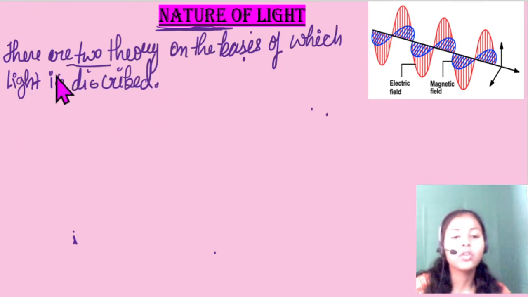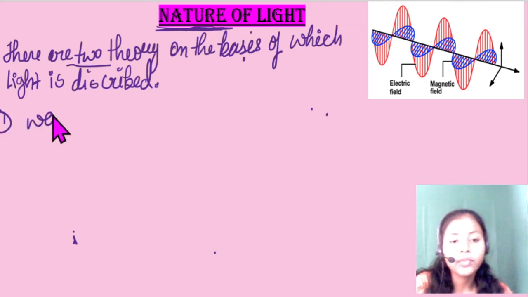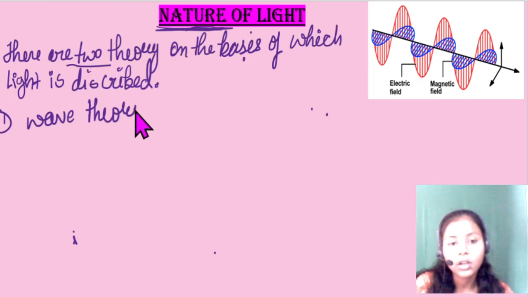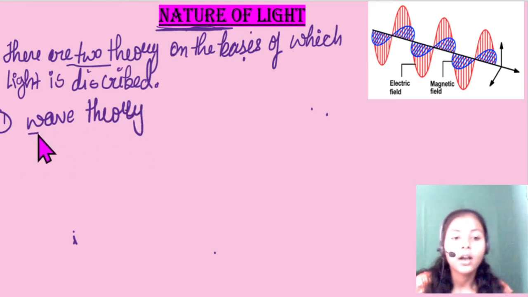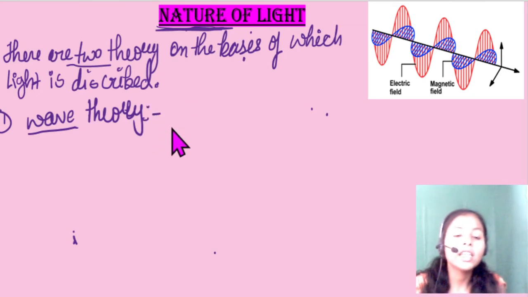What are those theories? The first theory is the wave theory. In the wave theory, it is said that light consists of waves.